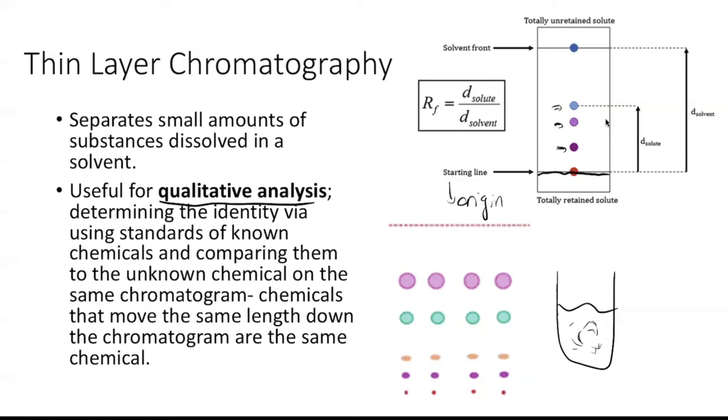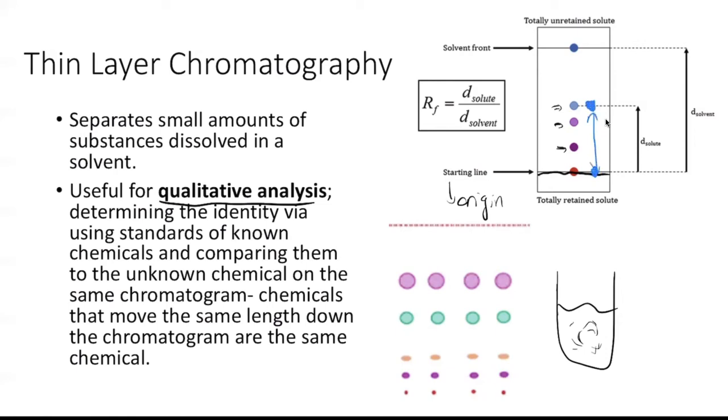Let's say we have a blue sample, and we ran another sample through, and it stopped over here. This distance is how far from the origin that particular solute traveled.